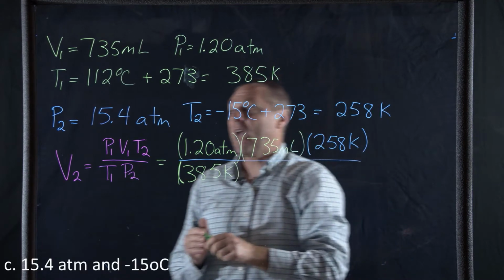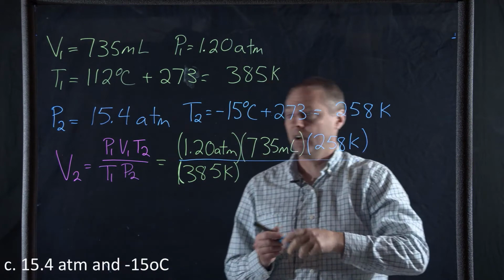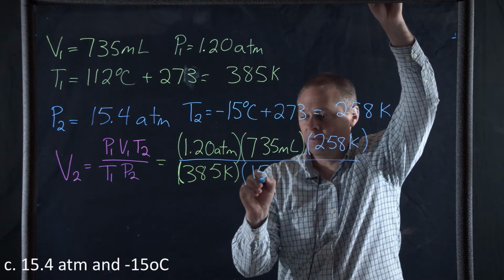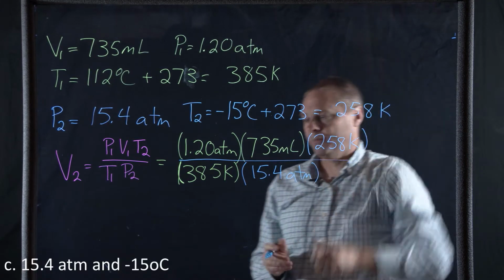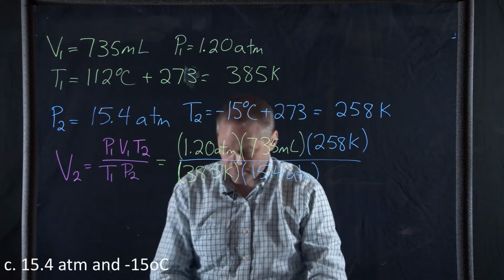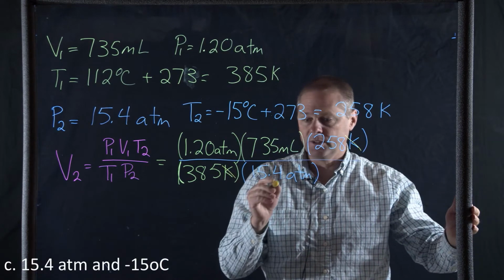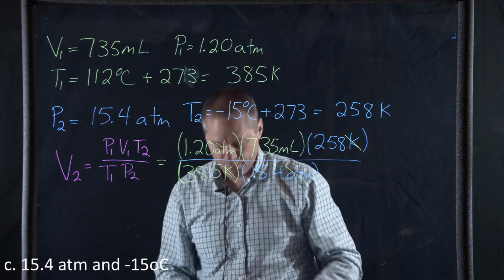And P2 is going to be 15.4 atmospheres. Once again, what's going to happen to our units is the Kelvins cancel with the Kelvins, the atmospheres cancel with the atmospheres, and we're left in units of milliliters.